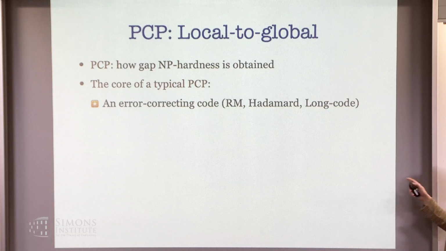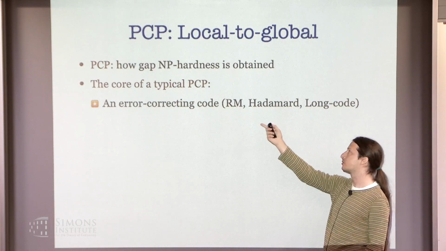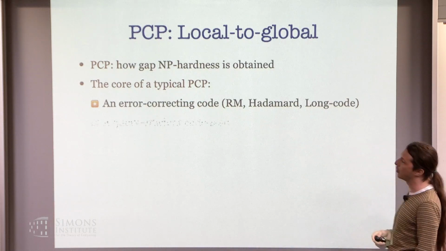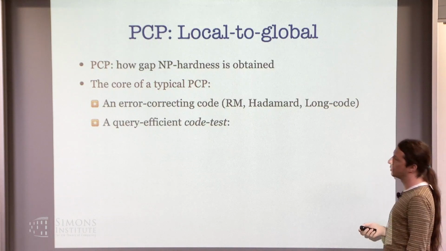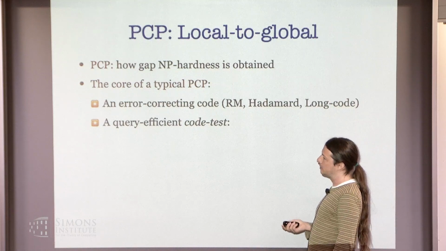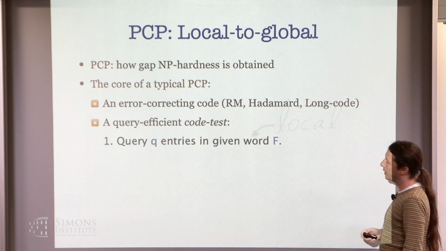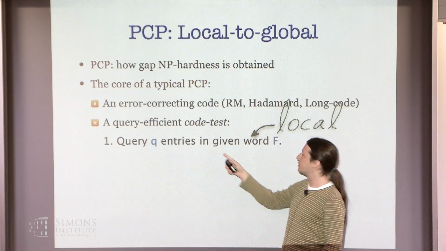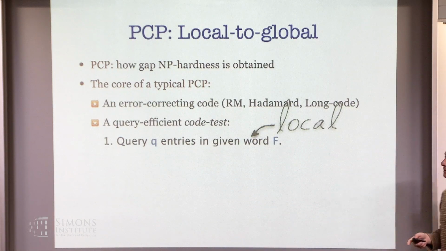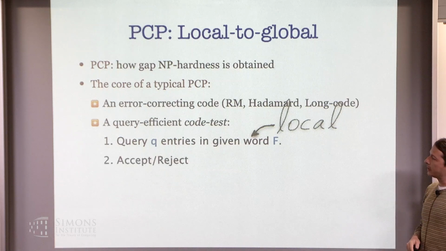An error-correcting code can be Reed-Muller, Reed-Solomon, Hadamard, long code. There are many codes. But for a PCP, you also need a query-efficient code test, a test that queries only Q entries from the entire word. That's the local part. And then it either accepts or rejects.